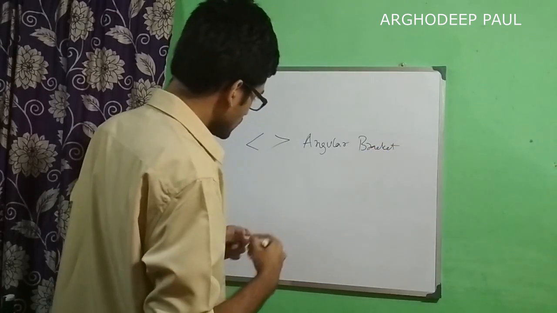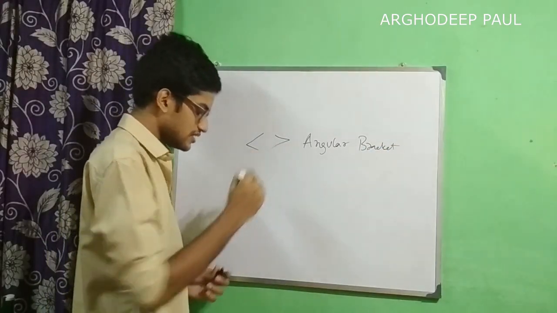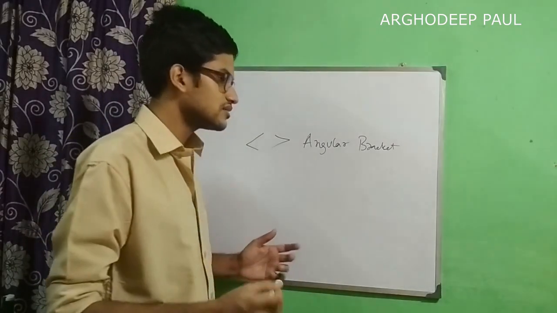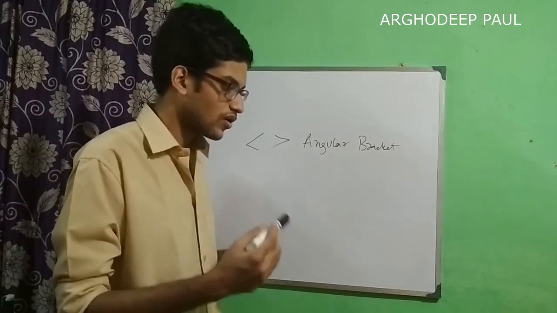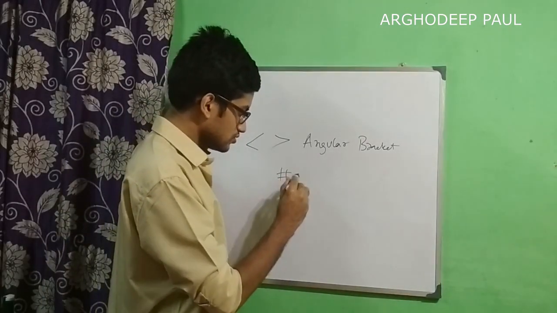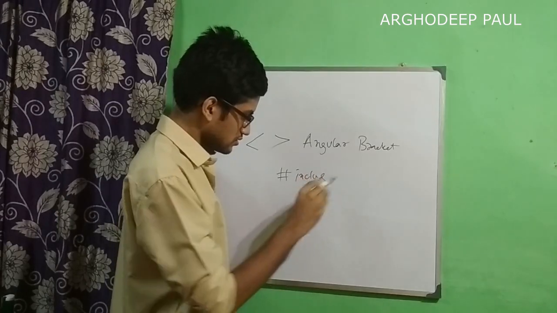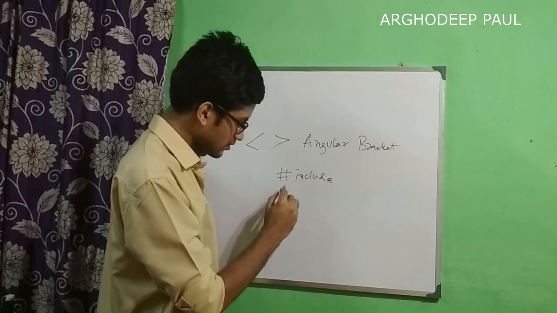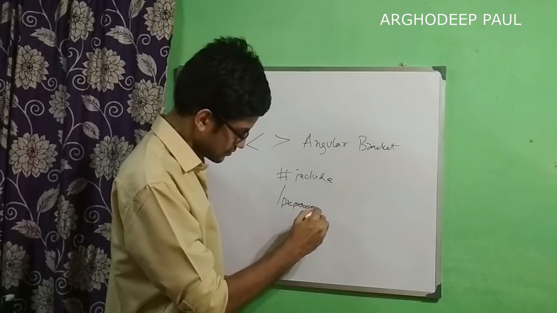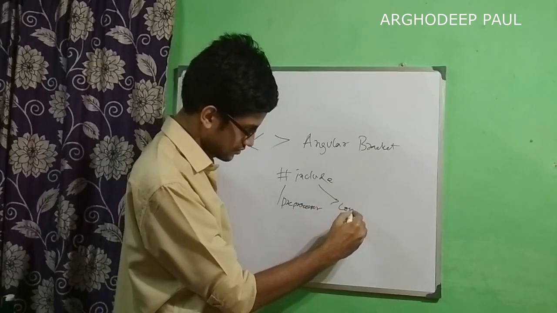So stdio.h or any library file or header file will be included by the compiler, because I'm just instructing the compiler by using hash include, where this is the preprocessor command.